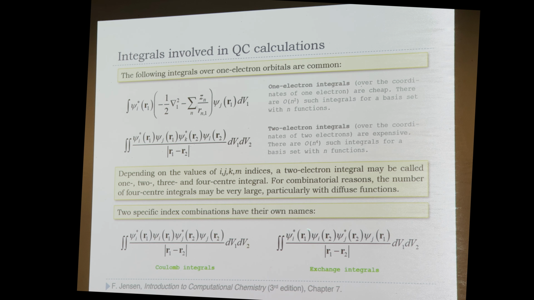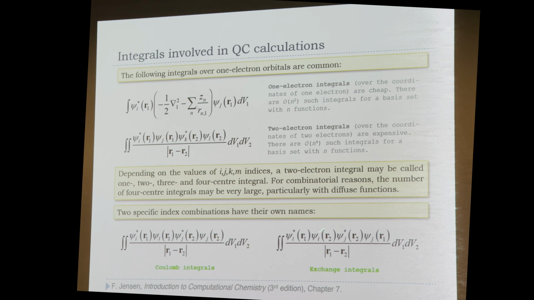But you can have funny things which don't have such a straightforward physical interpretation. Notice here it's still psi i here, but the first one contains electron 1 and the second one electron 2. So this is no longer the probability density of any of the electrons, and in fact the physical interpretation of this is somewhat unclear.